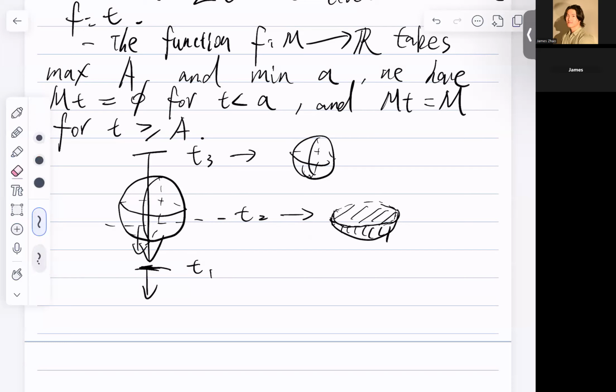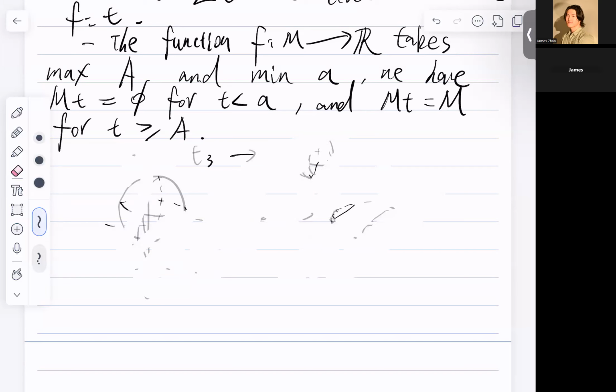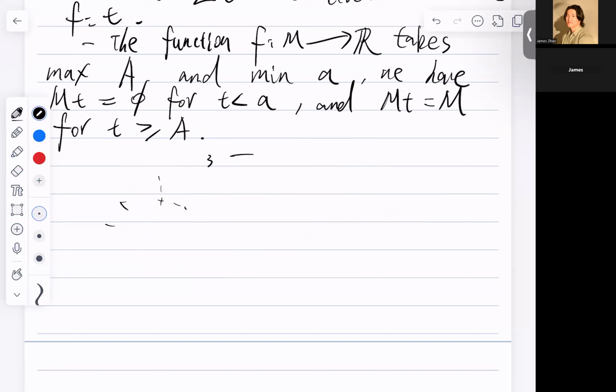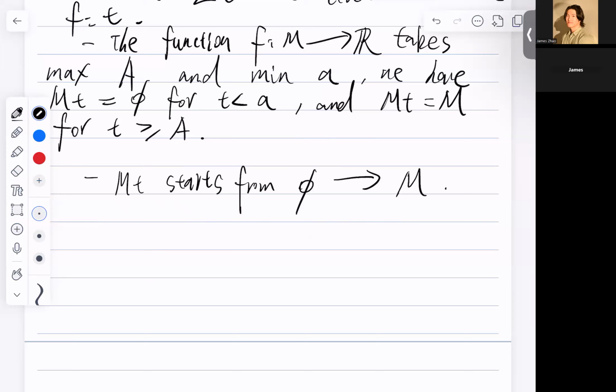All right, let's erase this drawing real quick. Let me draw two more remarks and then we can call it. So here first, Mt starts from the empty set and changes into M, right? You can think of this function as a height function.